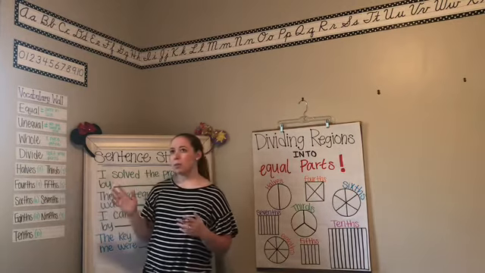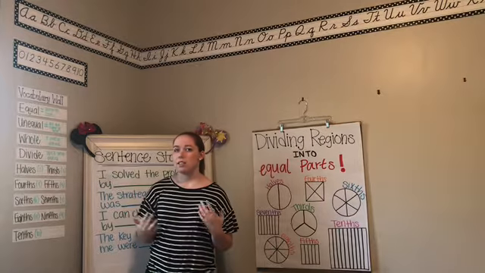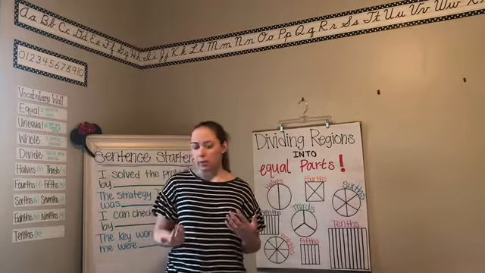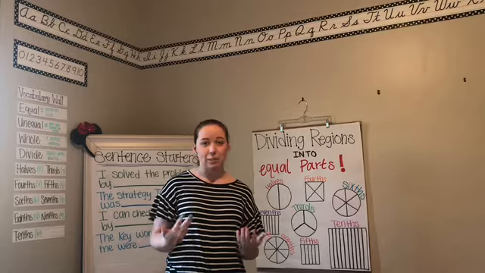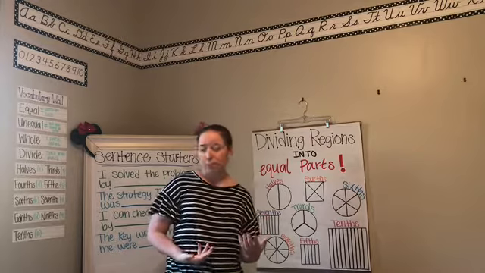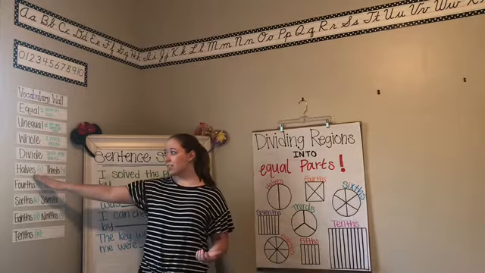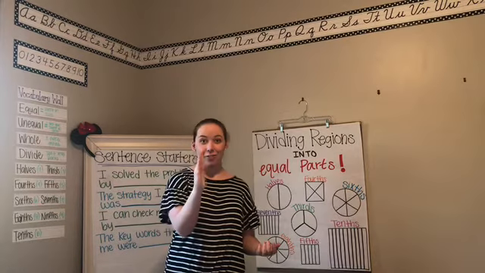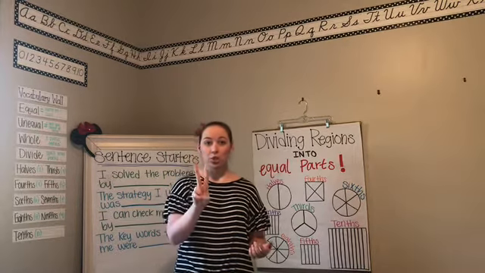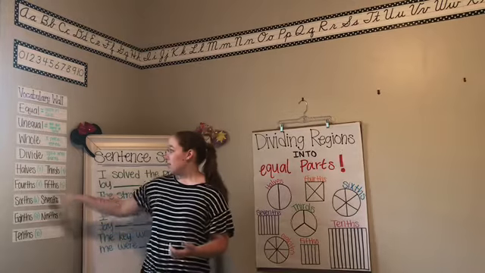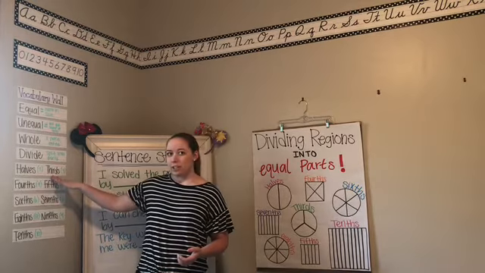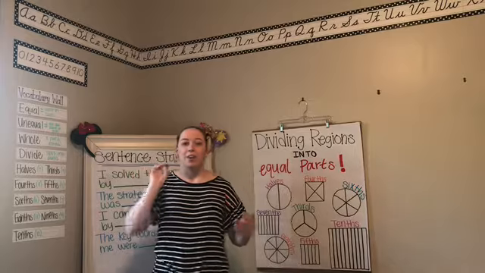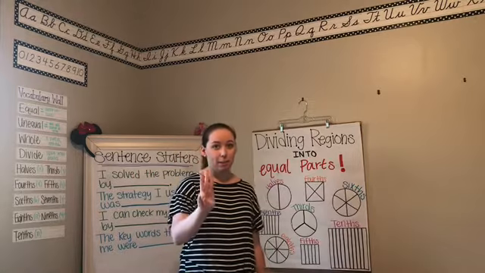Now, when we talk about splitting things into parts, there are different words that we use depending on how many times we split that shape. For example, halves. Halves is when we split something in half or in two parts. The next one is thirds, and thirds is when we have three different parts.